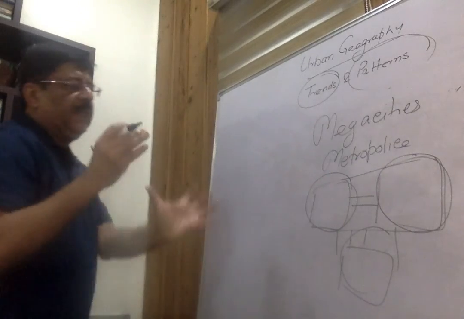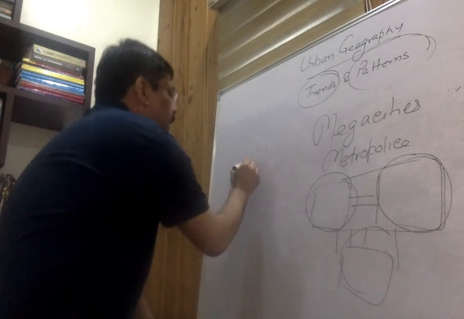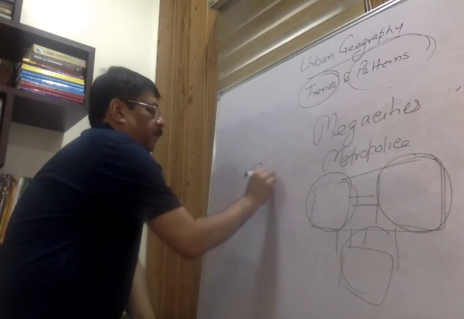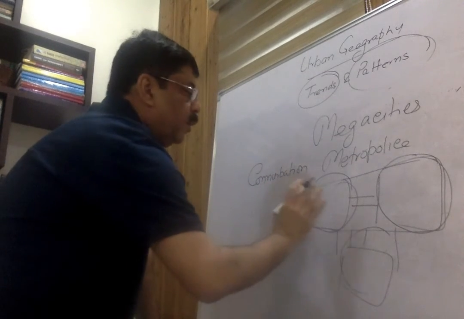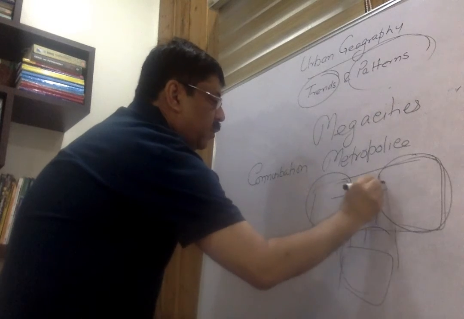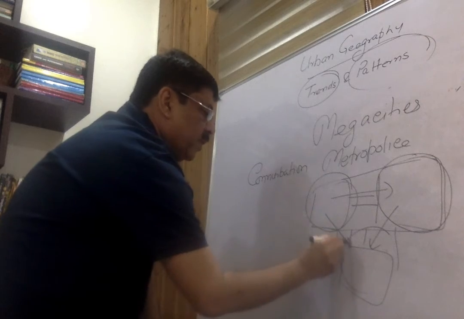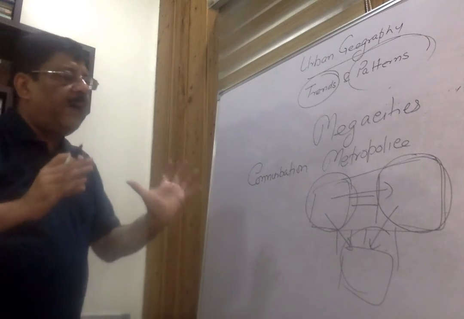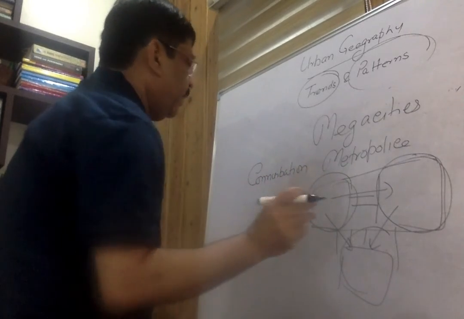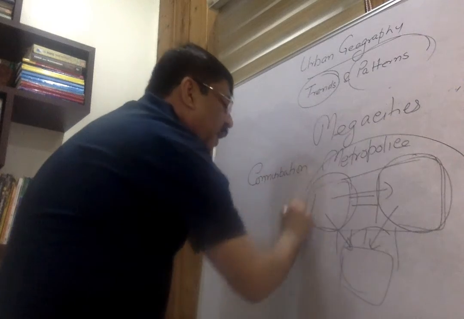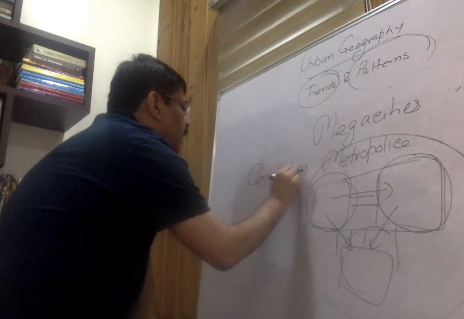Then these cities join each other to make a conurbation. Everywhere, especially on the roads, there is urban development. So these cities have joined into one entity by virtue of their growth, that is called conurbation.